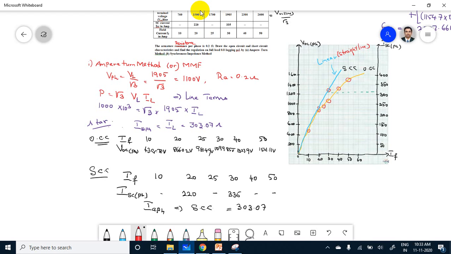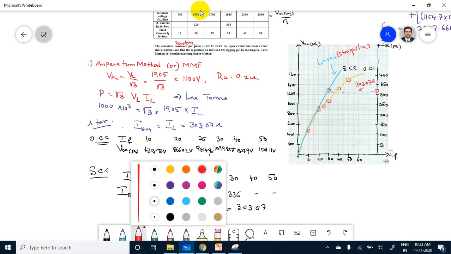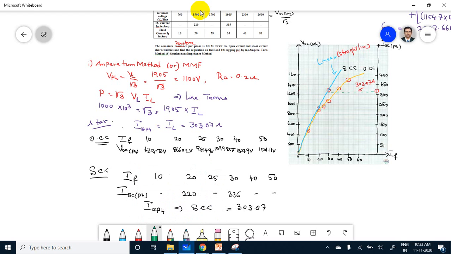This point will be 303.07 ampere. Once you draw the line, it will be projected towards the short circuit line, and then projected downwards from the short circuit line.